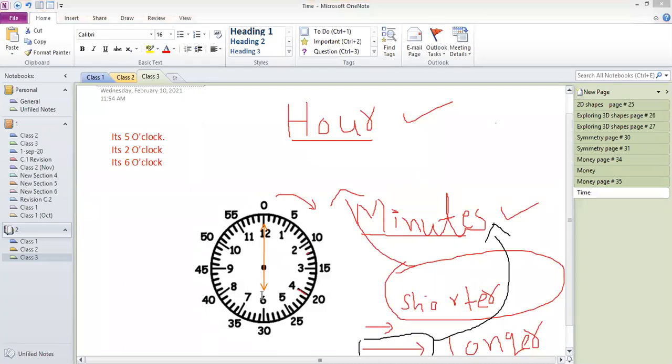If it is at 4, it's 4 o'clock. If it is at 2, you will say it's 2 o'clock. If it is 5, you will say it's 5 o'clock. When the longer hand is at 12, that means 0 minutes have passed. So you will read and write the time in that way. Is that clear, guys?